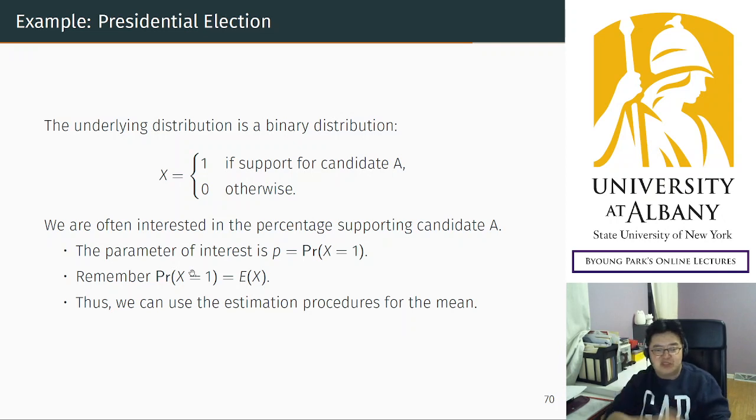For example, we learned the best estimator for the population mean is the sample average. Then, because the probability is the mean, you can say the sample probability is the best estimator for the true probability. So I'm using this equality to borrow the framework and the estimation methods for the mean for our example.